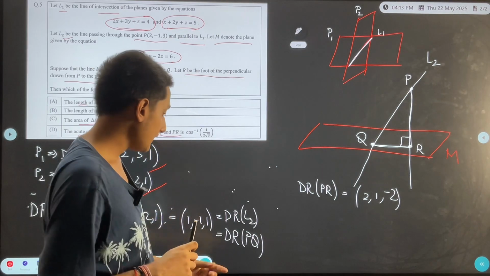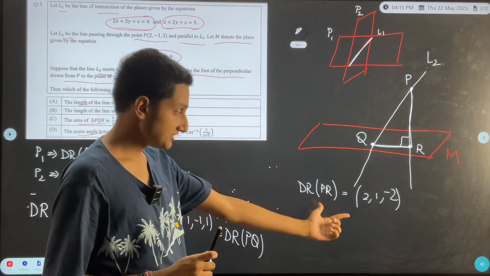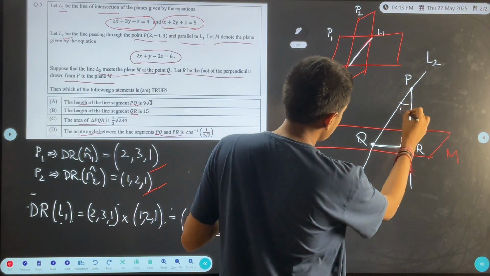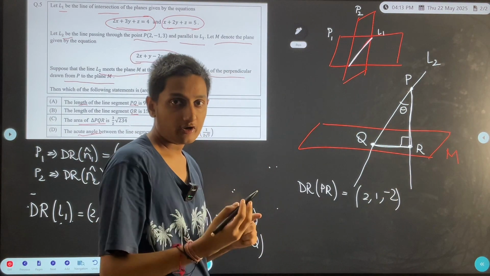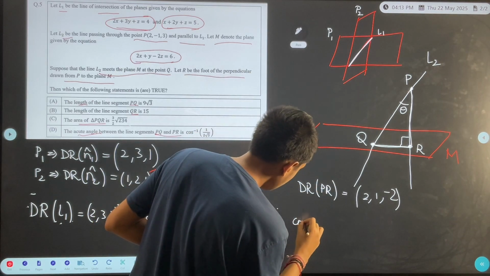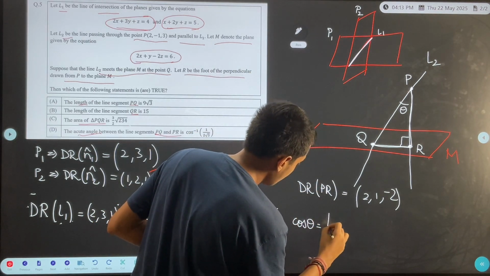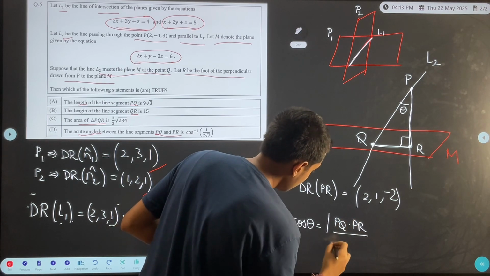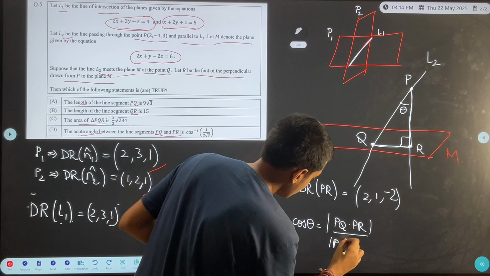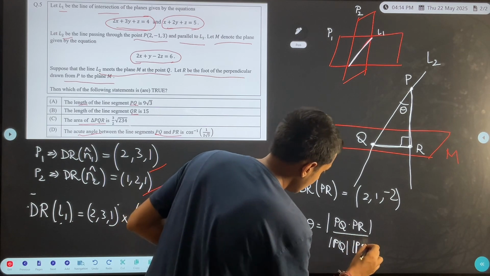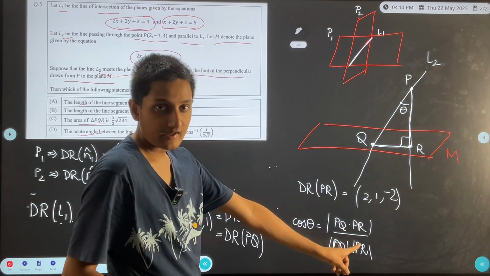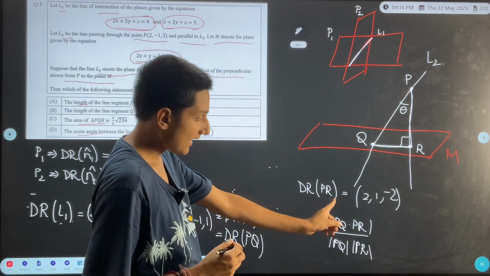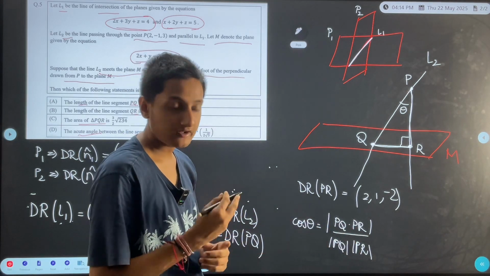Now we have the direction ratio for PQ, we have the direction ratio for PR. Therefore we can find this angle theta using the dot product rule, which is cos theta equal to mod of PQ dot PR divided by mod PQ mod PR, where these mod symbols represent the magnitude of the direction ratio, and the absolute value is taken so as to get an acute angle.